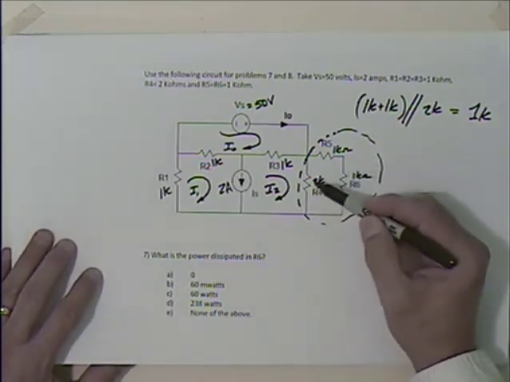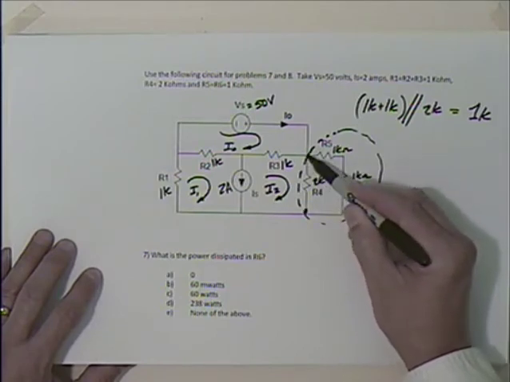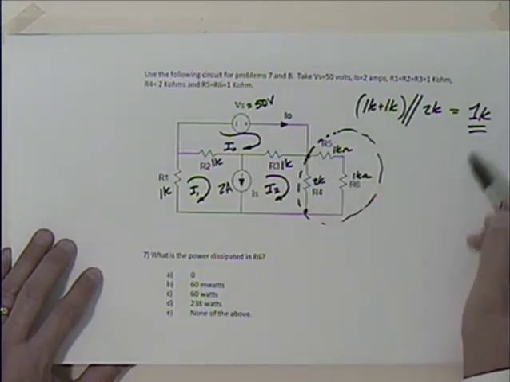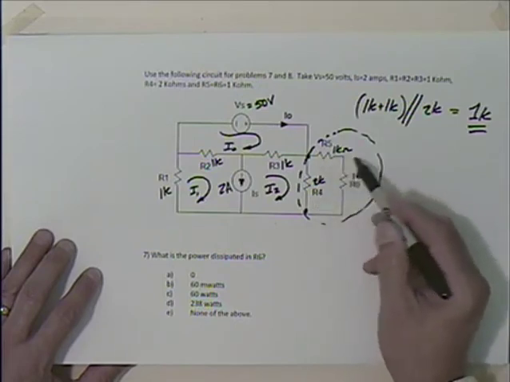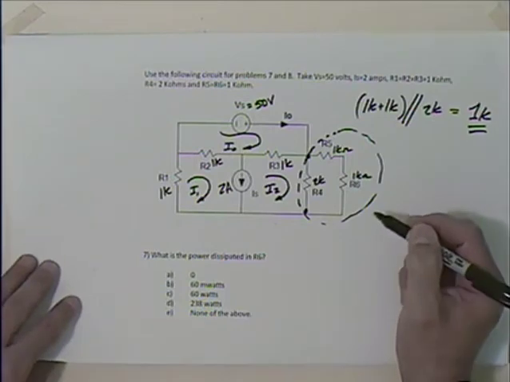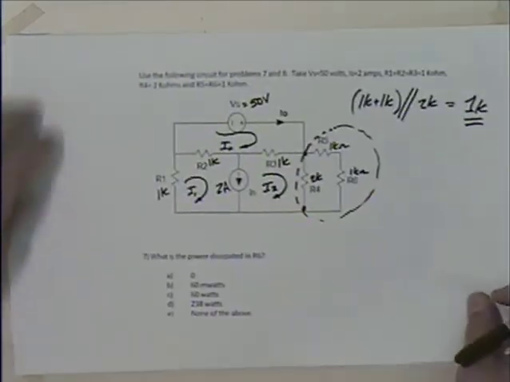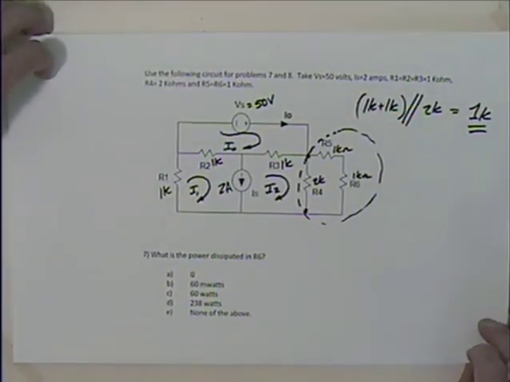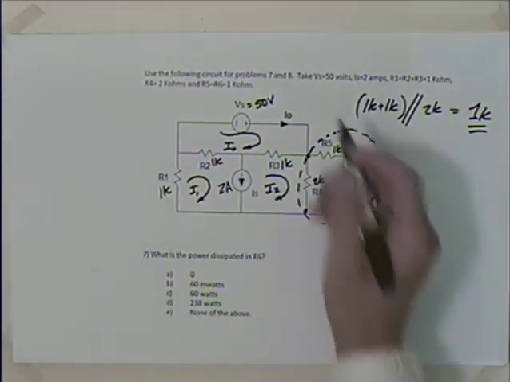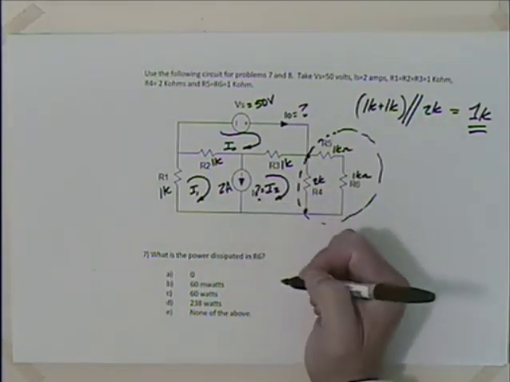Well, if I can figure out what voltage we have across here, which is just going to be I2 times this 1K, then I can divide that between 1K and 1K. I do V squared over R. So what do we want in part 8? Part 8, what's I naught? So yeah, finding I2 and I naught are going to be important. We're essentially looking for this. We're looking for that.